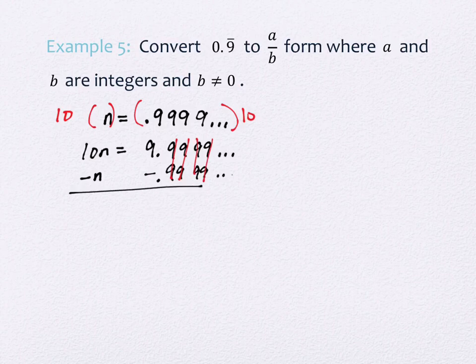What is 10n minus n on the left? 9n. And what do we have remaining on the right? 9. What's our last step? Divide by 9. What does n equal? 1. This is a proof that 0.9 repeating is equal to 1.